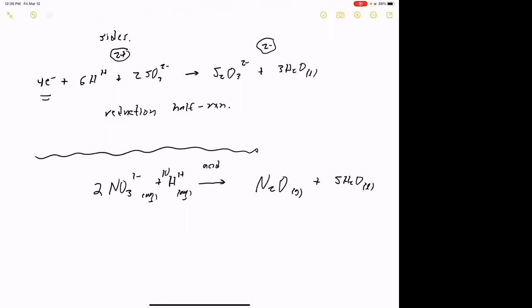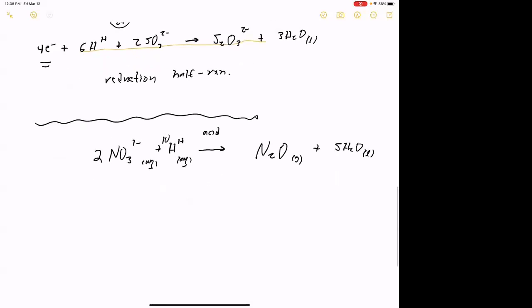So what's the last thing we have to look at? It's charge, right? We have to look at the charge. So let's tally up our total charge on the left-hand side. So I've got 2 units of negative charge, and it looks like 10 units of positive charge. So what's my overall charge on the left?